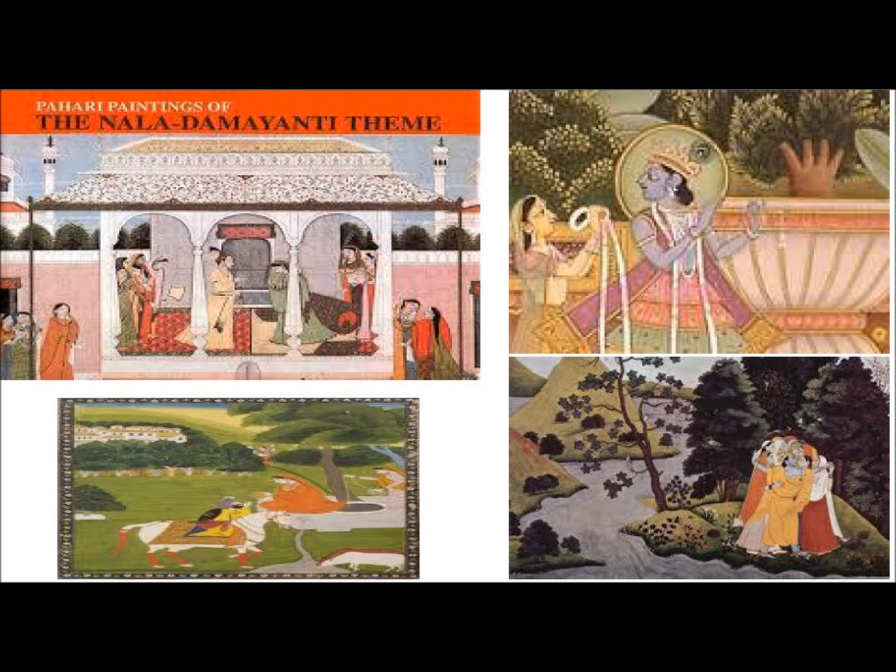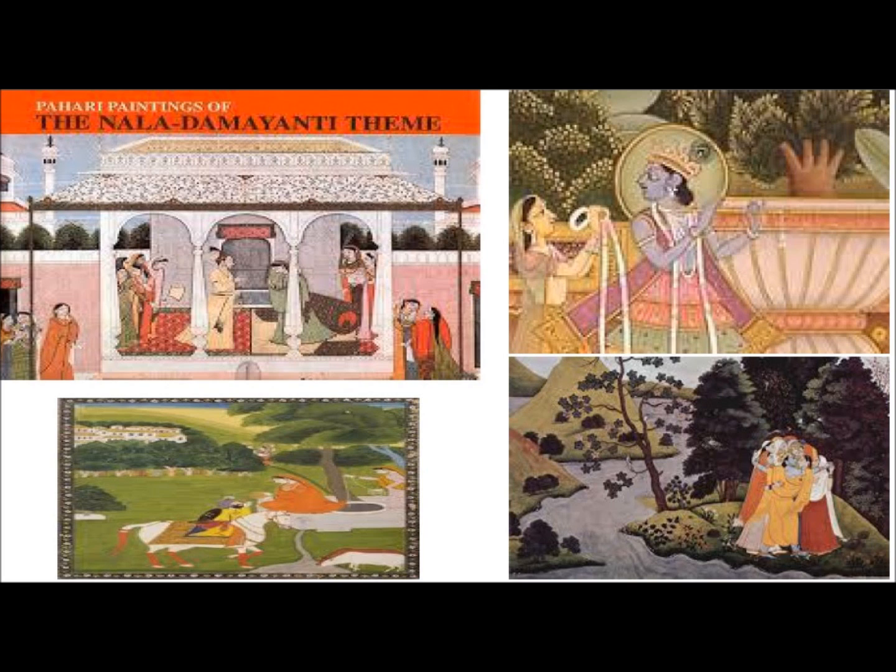For example, Khandita Naika, Abhisarika Naika, these are very lyrical and very romantic modes. Khandita Naika means she is angry with her lover. When she waits the whole night for the lover and the lover still has not come, she becomes very enraged with her lover.